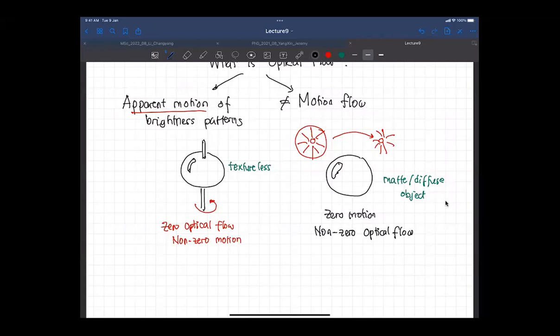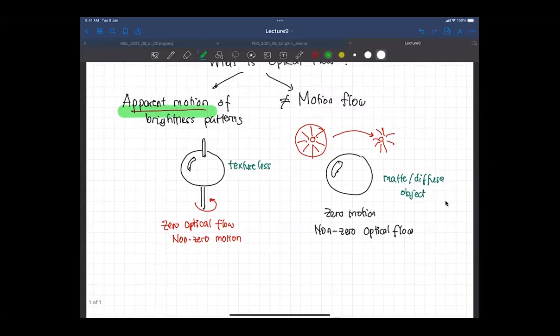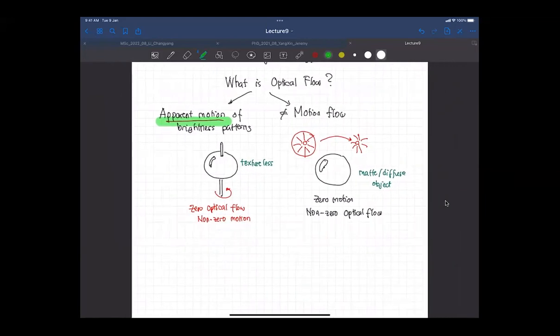But it's inevitable, because the data seems like it's moving, although this is not a moving object. That's why this is called apparent motion. It seems like moving, or seems not moving, because we are relying on the appearance. Any questions on the difference between these two?